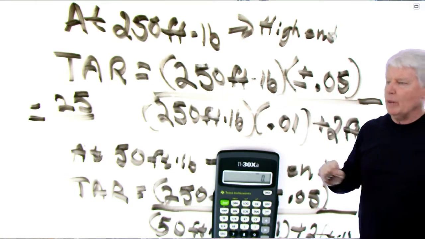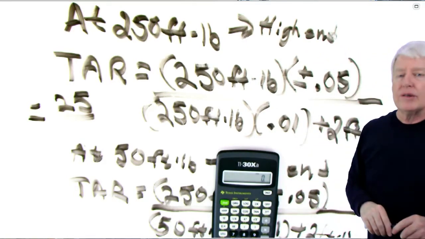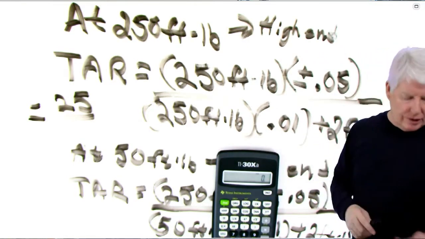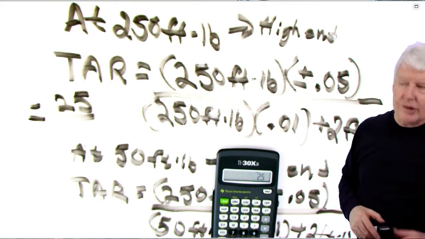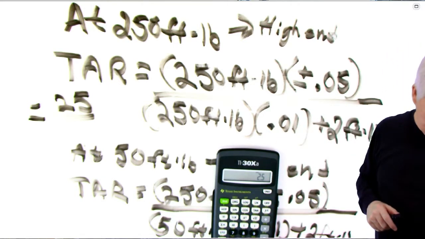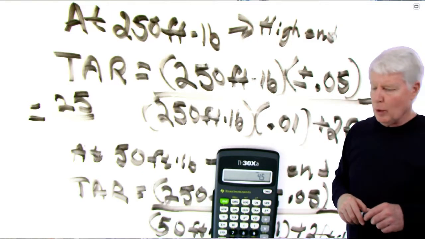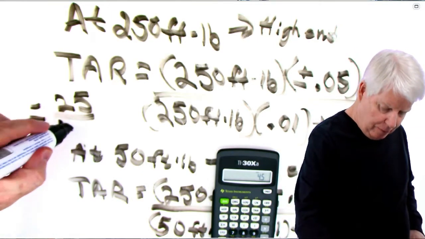250 times 0.1 is 25. That was so easy, I didn't need my calculator, so I just wrote it down there. Now let's do the denominator. 250 times 0.01 equals 2.5, plus 2 equals 4.5. So it's going to be 25 divided by 4.5.